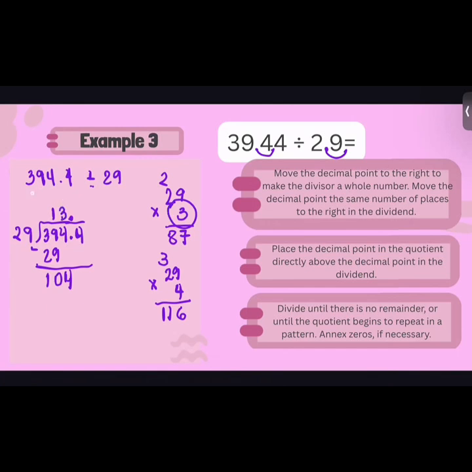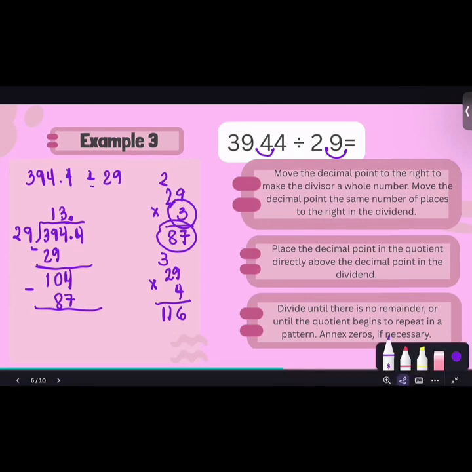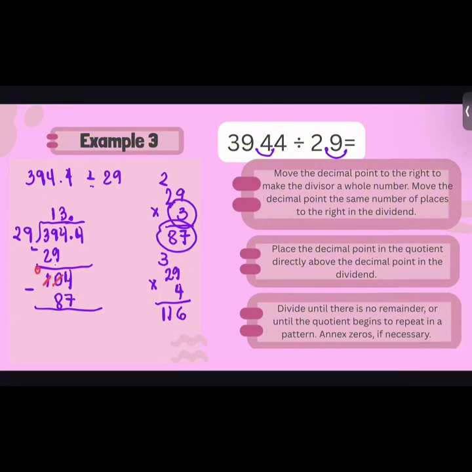And 3 times 29, so this is equal kay 87. Now, proceed with subtraction. 4 minus 7 cannot be, so magbabarrow tayo kay 0. But 0 is still smaller. So, magbabarrow tayo kay hundreds. So, si hundreds ay magiging 0. Then, si 0 magiging 10.